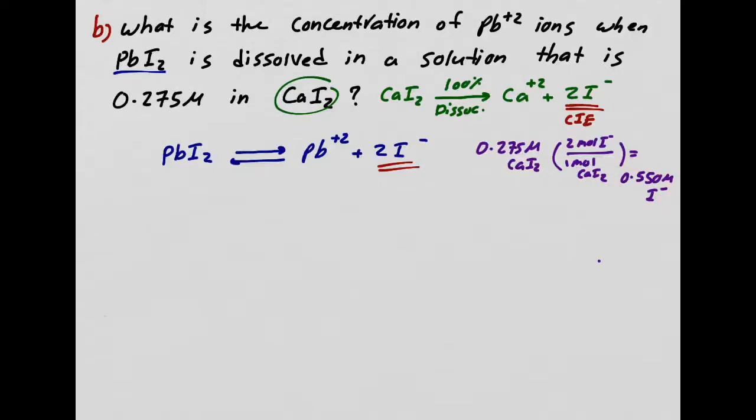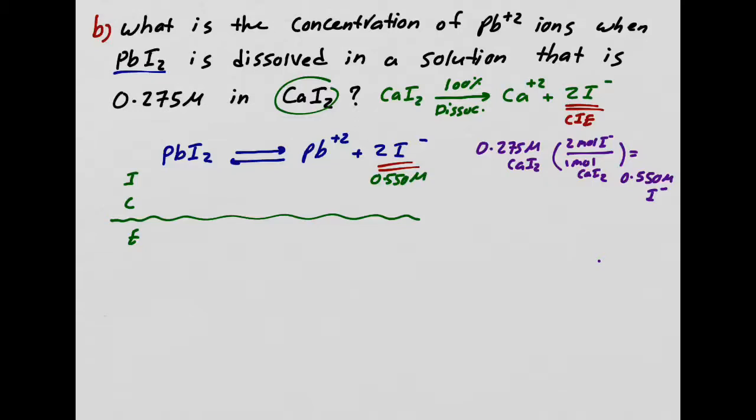So when you have a common ion problem, you can do an ice table, right? With equilibrium, you can do an ice table. So at the beginning, I have none of this, but what I have is 0.550 molar I minus.